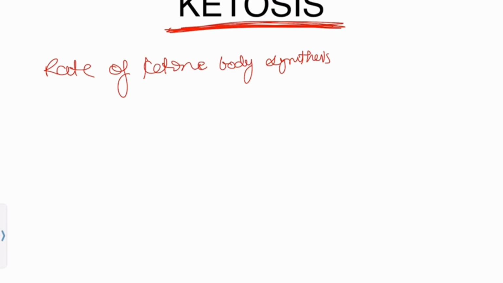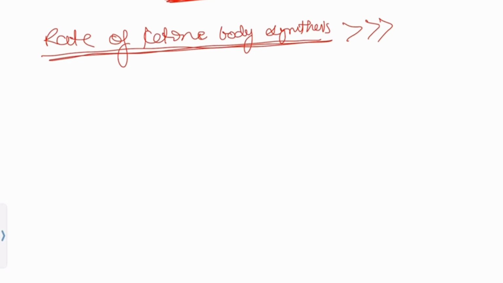But when the rate of ketone body synthesis exceeds so much that it cannot be utilized by extrahepatic tissue, then they get entered into the circulation, and that leads to ketonemia.